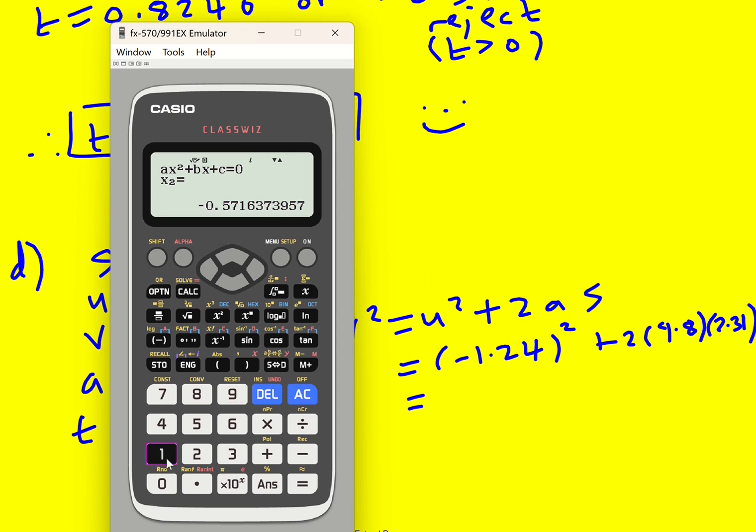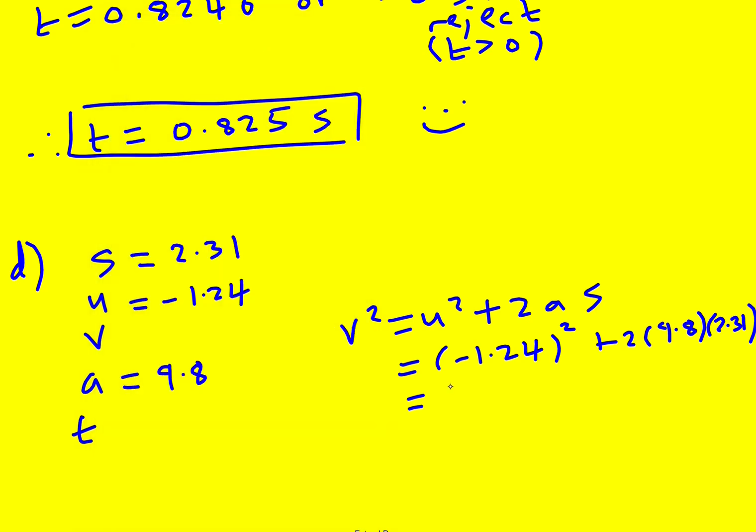Because we're squaring a negative, we actually don't even need to include the negative sign because it will cancel out. So 1.24 squared plus this gives 46.81.